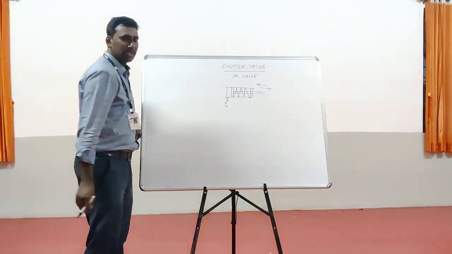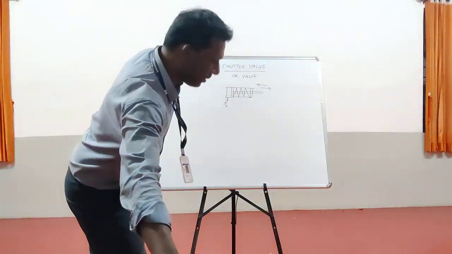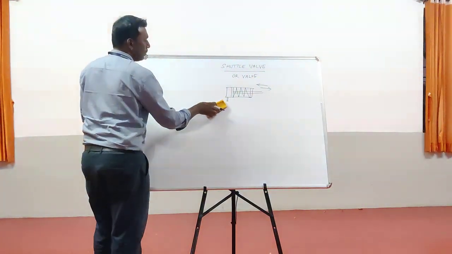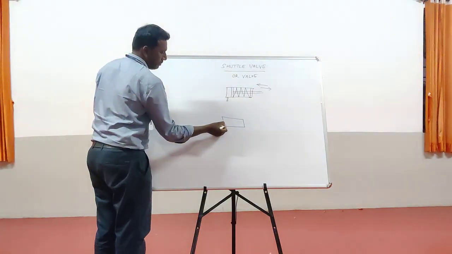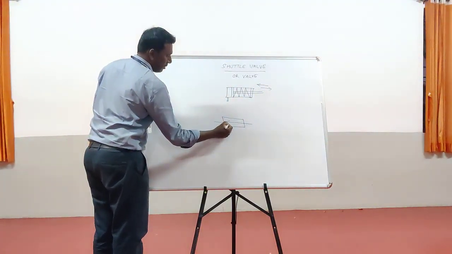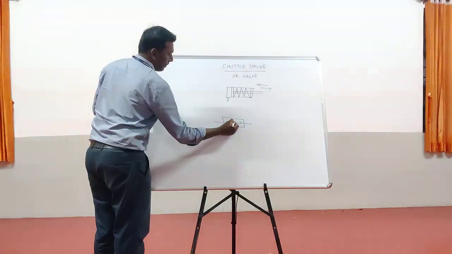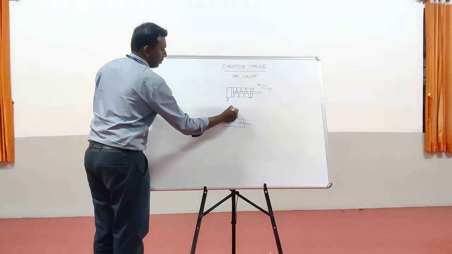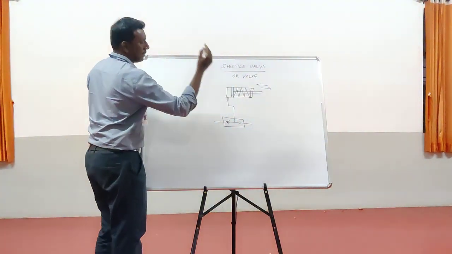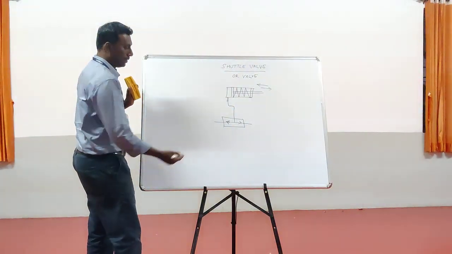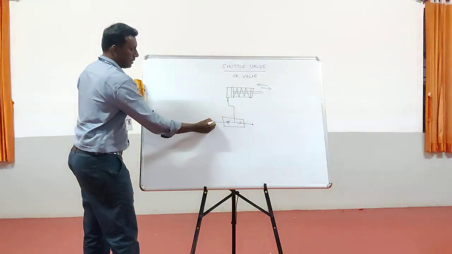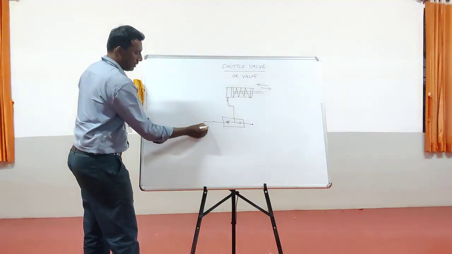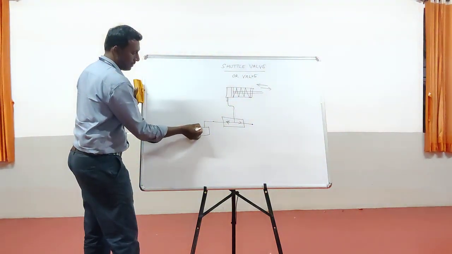So with the help of the single acting cylinder, I am going to show how the shuttle valve operates. This is the basic shuttle valve. This output line is connected to the single acting cylinder. These two input lines are connected to the direction control valves.